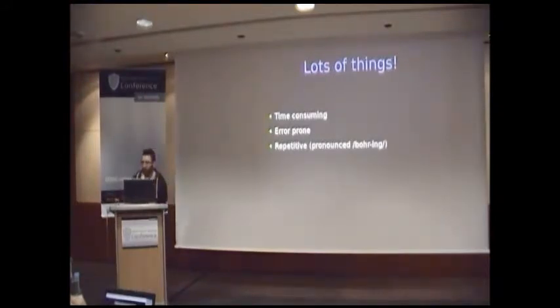Plus, it's error prone. If you have a single person doing this, you can do 20 machines manually. You can just type and type and type, and most of it will be right, but you're going to miss one character somewhere in the config file, and then you'll be debugging for 2 hours.